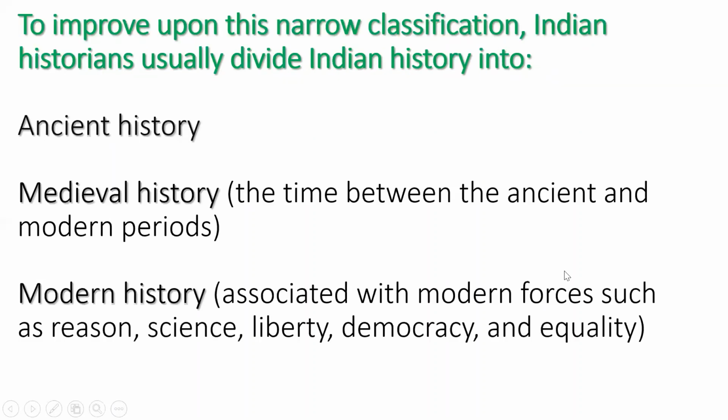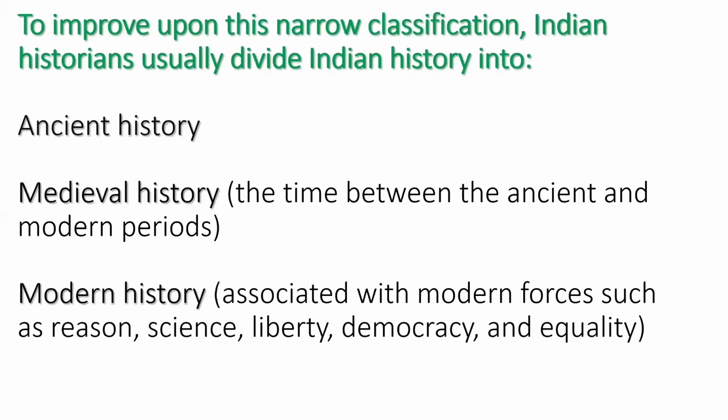Then, as you know, after the 7th century, or to be very particular, at the starting of the Delhi Sultanate period, which you must have learned in class 7th history chapter 3, the Delhi Sultanate ruled over the northern part of our country for two to three centuries, and gradually it faced decline and gave rise to the Mughal Empire, which is here referred to as medieval history.